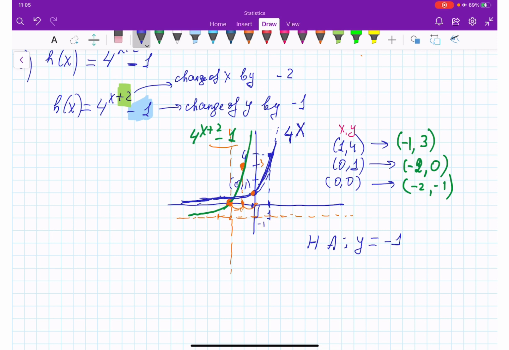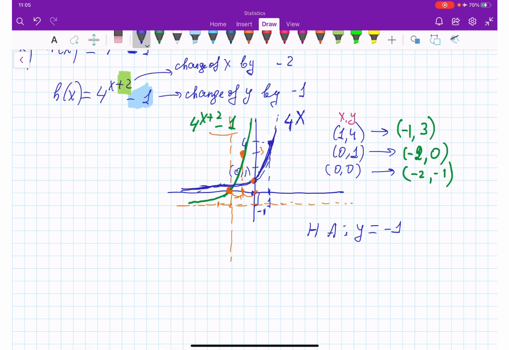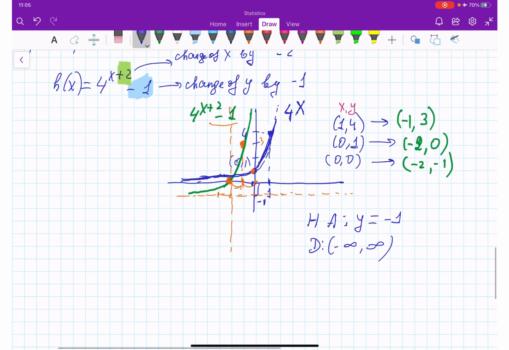This is -1. Domain is going to be again negative infinity to positive infinity. What is going to be the range? It's going to start from -1, yes? So the range is going to be -1 to positive infinity. All right, moving to question number 9.